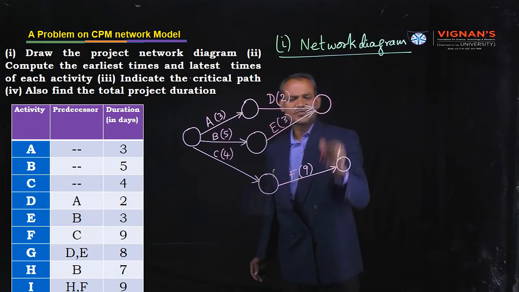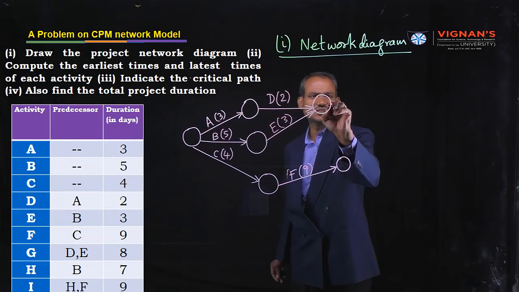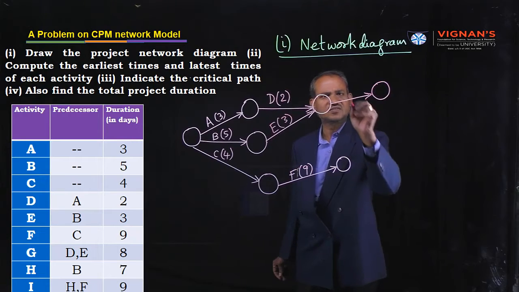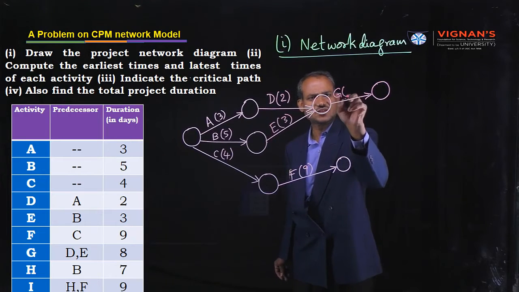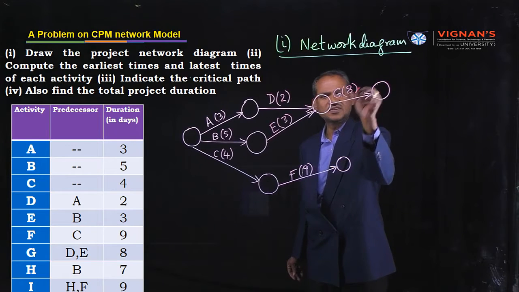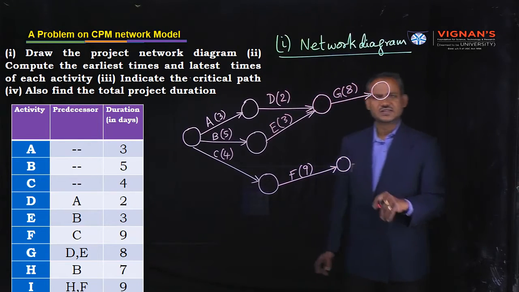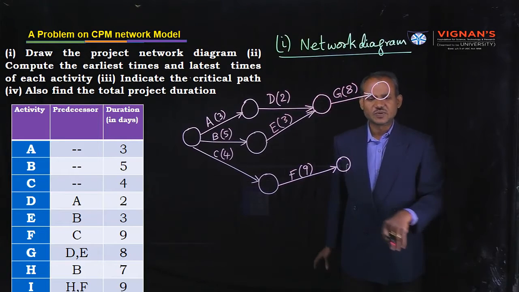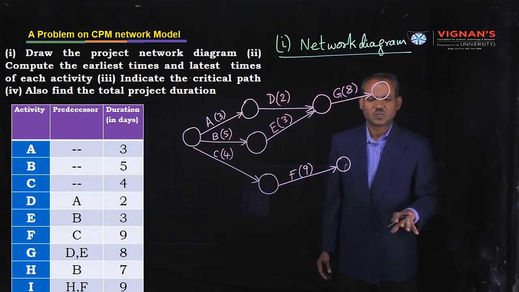After completion of D and E, we can start activity G. Draw one arrow like this. This is known as G. Its duration is 8 days. Okay. Like this, we have completed the network diagram.